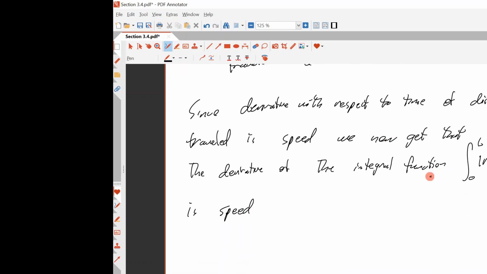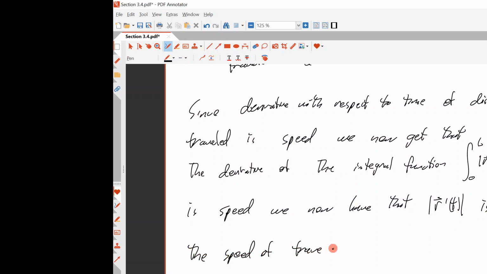The derivative of the integral function is speed. Well, the derivative of the integral is just the function back again, because they're reverse operations of each other by the fundamental theorem of calculus. We get that the length of r prime of t is the speed of travel of the particle over time.